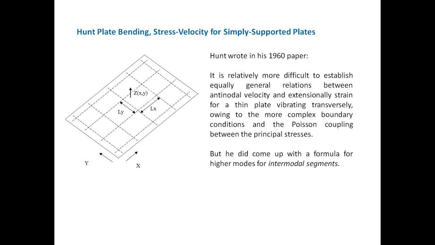Maybe by the time we get to higher modes, regardless of what the peripheral boundary conditions are, his equation will work, because these nodal lines for the higher modes tend to be accompanied by a behavior where the little patch is almost like a small, simply supported rectangular plate.